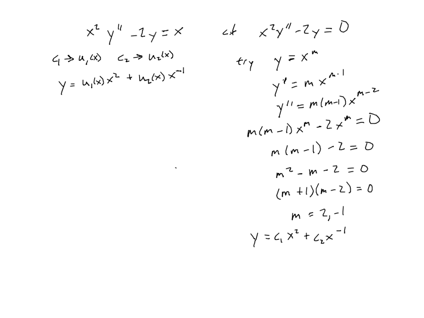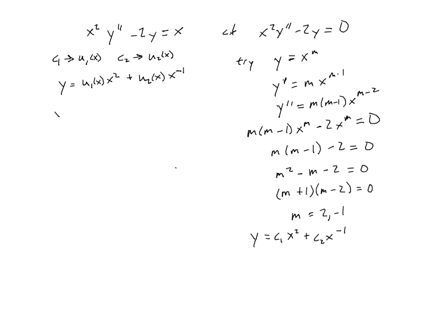The idea being that since these are both functions of x, if I plug this back into the other differential equation and solve it, where I have a non-zero right-hand side, what will come out is that I'll have the right functions U1 and U2 to make this work. And if U1 and U2 were just constants, then I got the complementary solution.